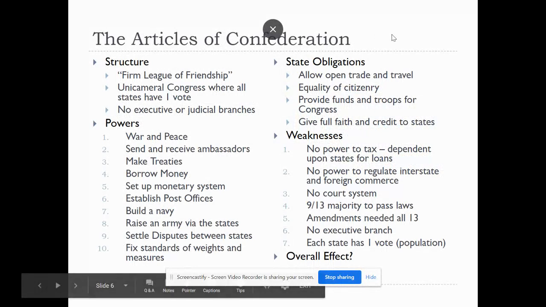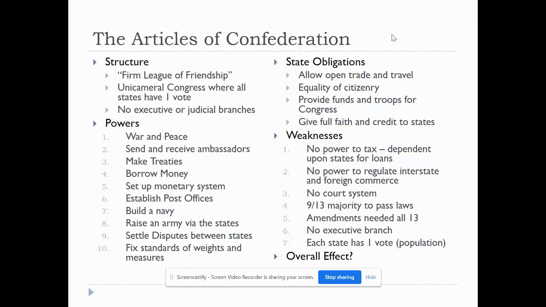Now, the Articles of Confederation, and I know this is a jumbled slide here, the Articles of Confederation structure was indeed a confederation, and a confederation is just a loose association of member states, and in this case, a firm league of friendship, that they kind of got along, that this is something that they do as a group.